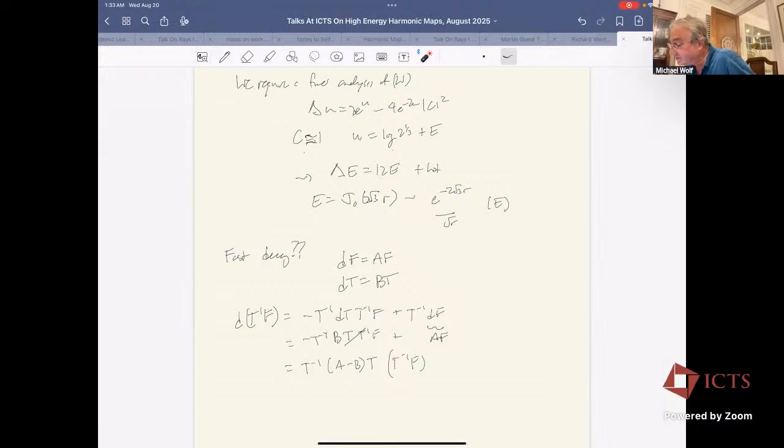So this part here, I'm going to have this e to the minus 2 root 3r over root r, but it's being conjugated by this t, and these can be growing.